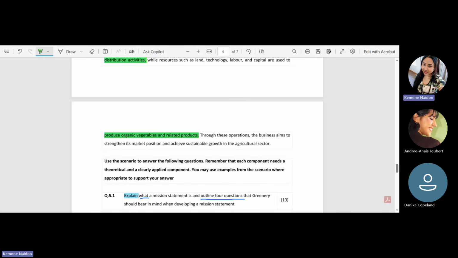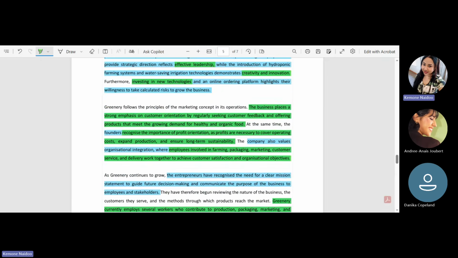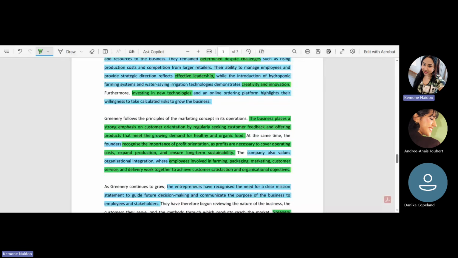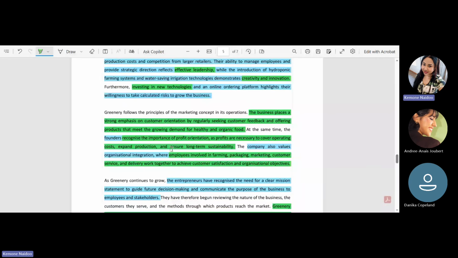And then profit and or surplus. Here, businesses need profit or surplus to survive and expand. So we know we need to be making a profit. And we know from when we looked into it previously that they are concerned with profit orientation. So they are looking at covering operating costs and expanding production to ensure long-term sustainability. Again, that is in the case study.